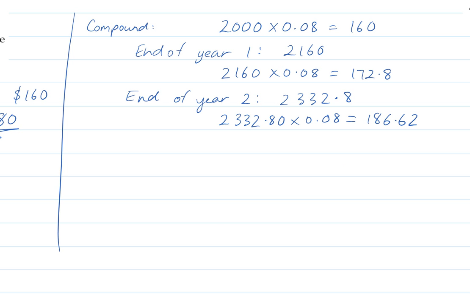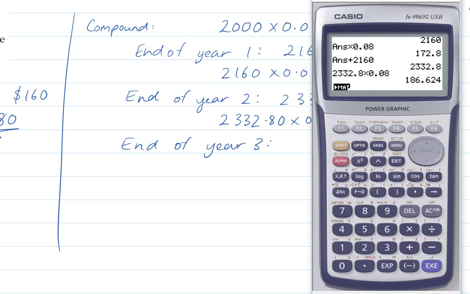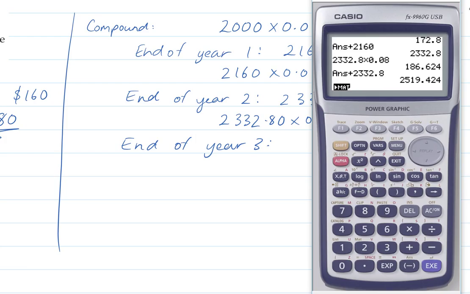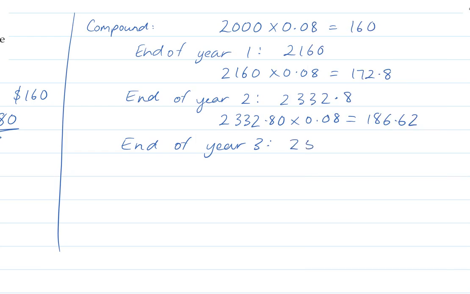And so we'll add that to get our end of year 3 amount. So that will go plus 2332.8, and that gives us 2,519 and 42 cents. So let's write that in, 2,519 and 42 cents. Okay, so that's our final amount.